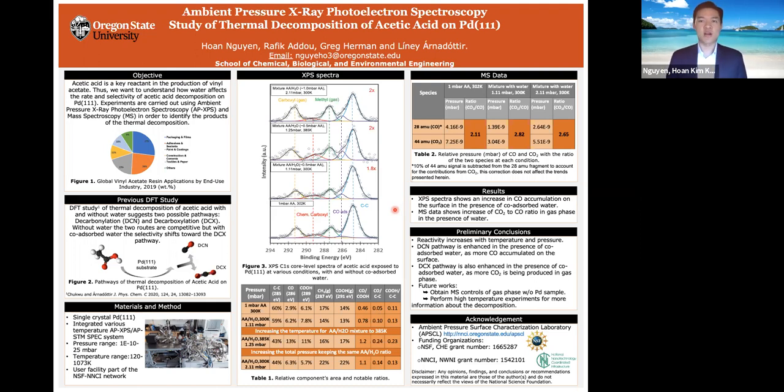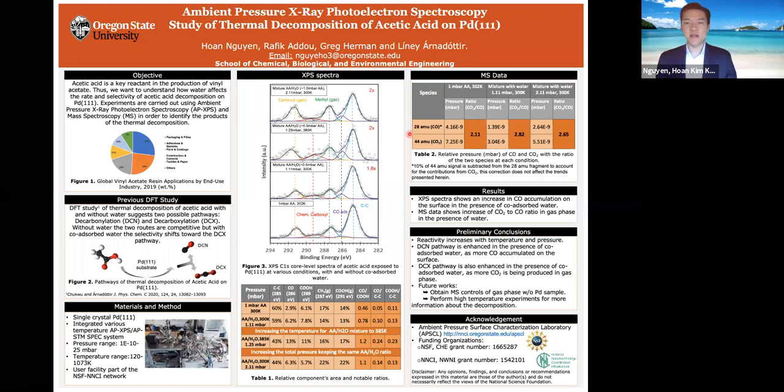Because that's the product of the other pathway. This is when the mass spec with a gas analyzer comes in. This instrument allows us to identify and monitor the 28 and 44 AMU mass peaks, characterizing the carbon monoxide and carbon dioxide gas species respectively.